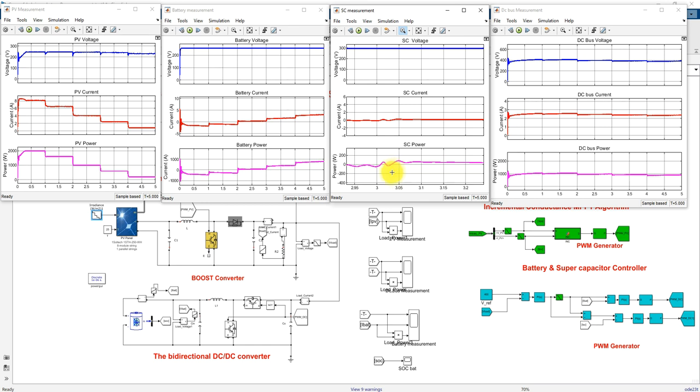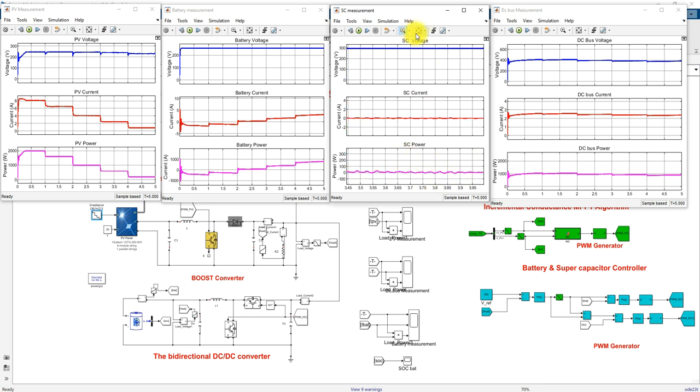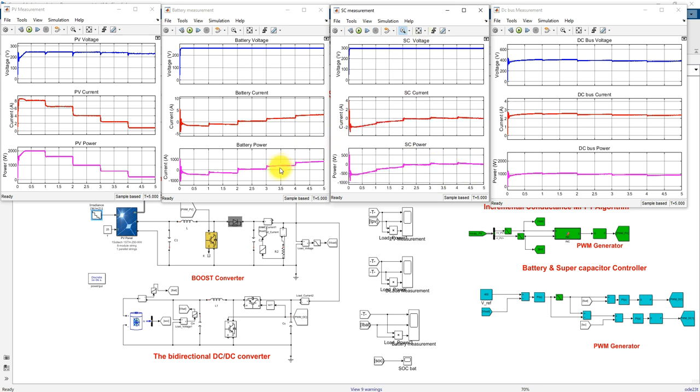The remaining time it will be maintained around 0 only. The remaining power, for example the load power is 1000 and here we have around 500, will be supplied from the battery.